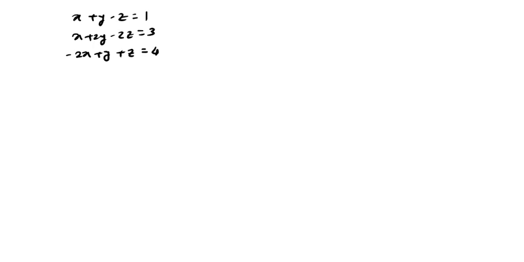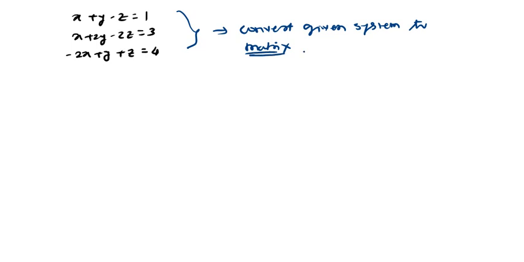Okay, suppose the question is: convert the given system to matrix form. So this is our question. Okay, so what we will do, firstly, for the conversion we will write the matrix of coefficients.